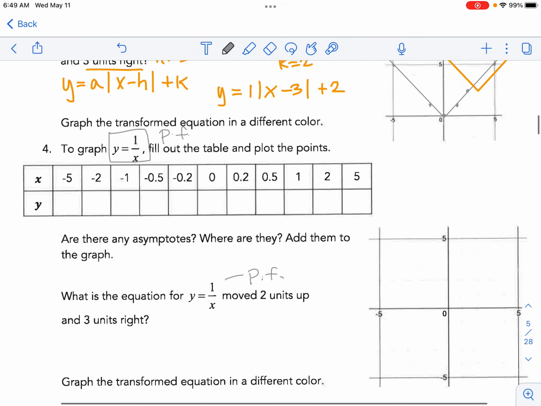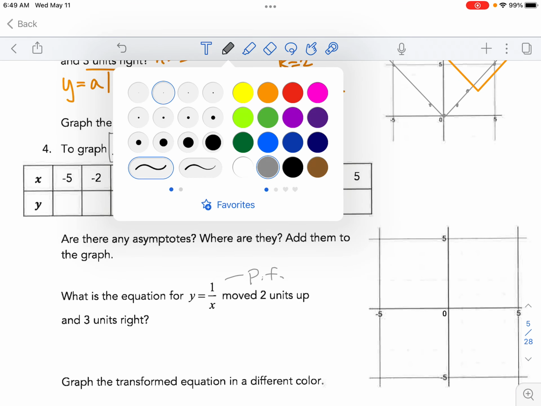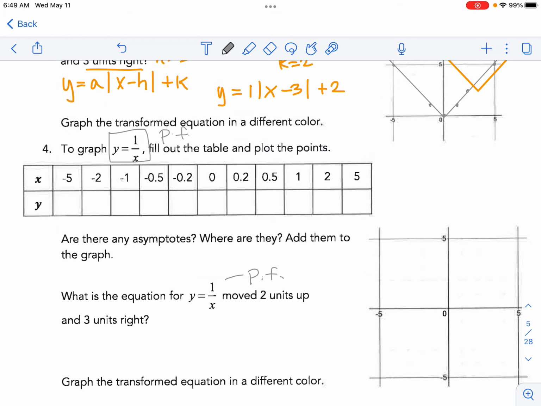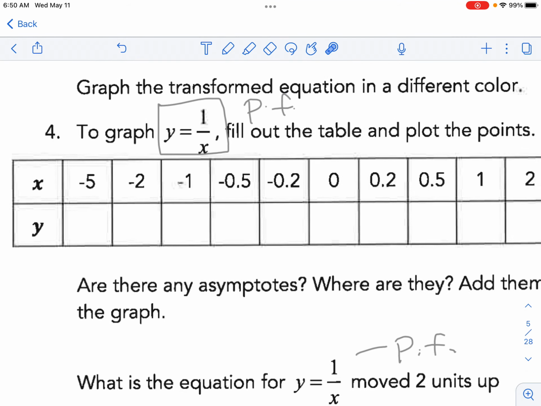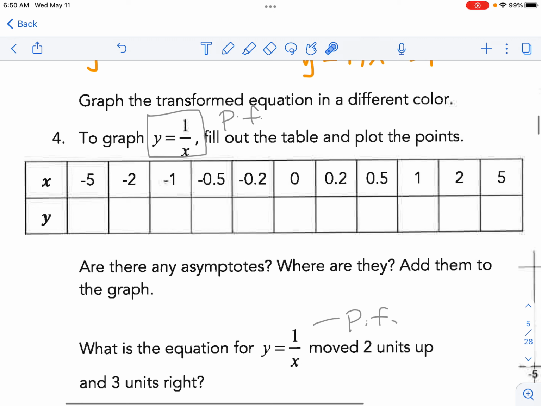I'm going to increase my pen width here. We know we're looking at x and taking its reciprocal. If we look at x, which is all these values, x is on the bottom, so we're taking the reciprocal of x. So negative 5 has a reciprocal of negative 1/5. Negative 2 is negative 1/2.